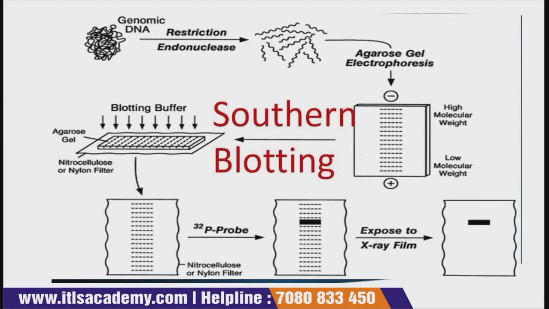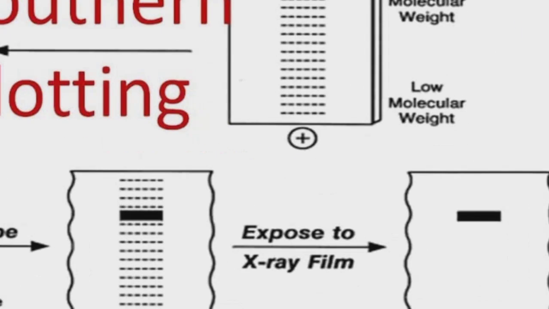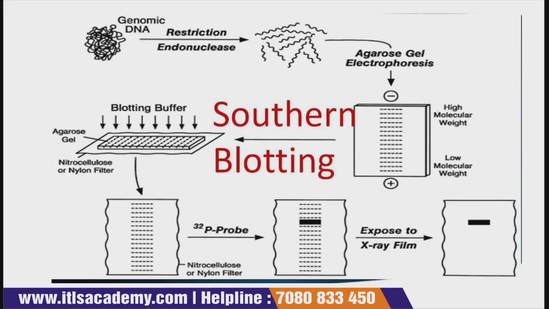Then they are exposed to the X-ray film, and here you get the gene of interest, the DNA fragment that you wanted to separate, on the X-ray film. So this is the whole setup of the Southern blotting technique.